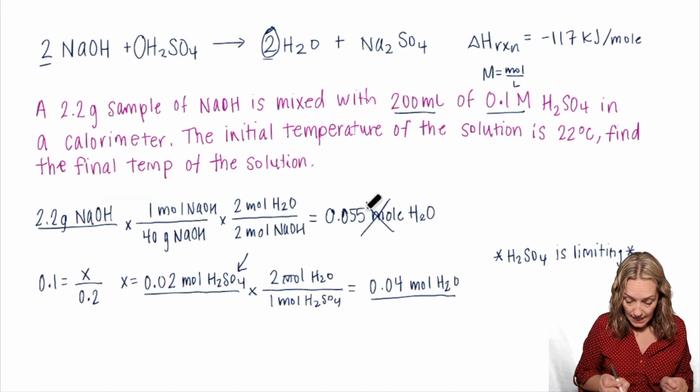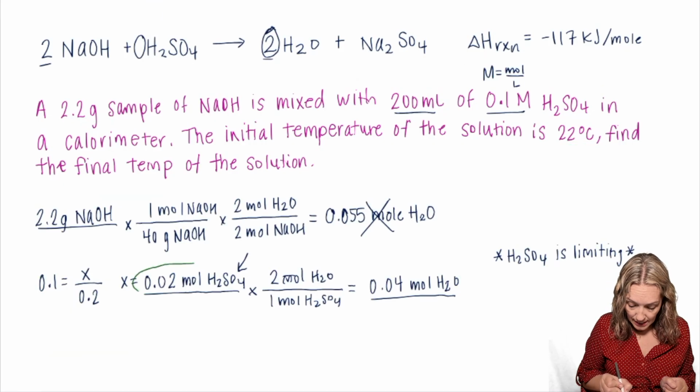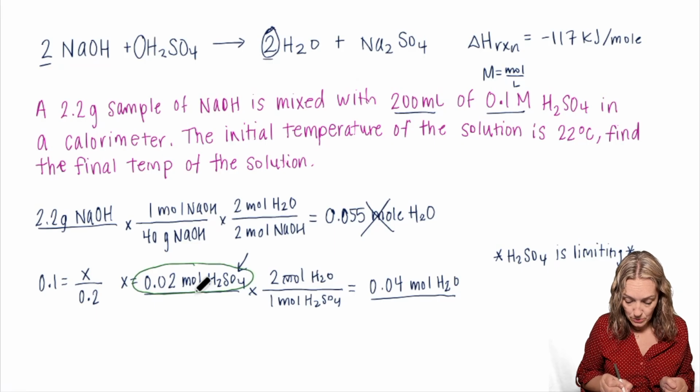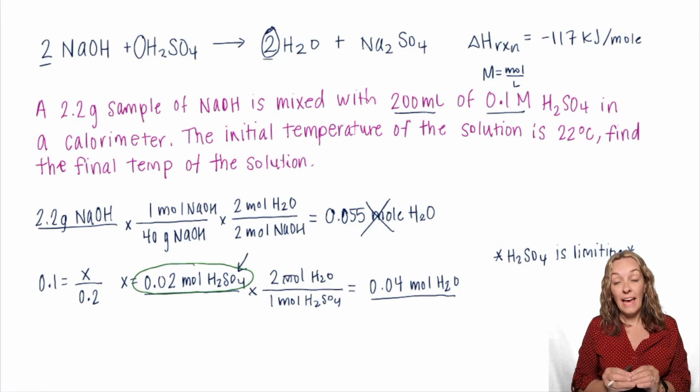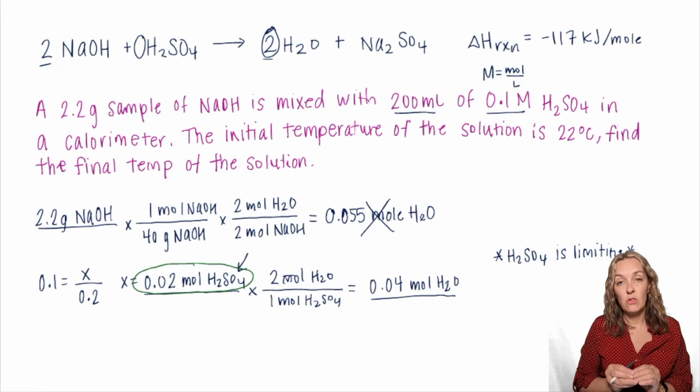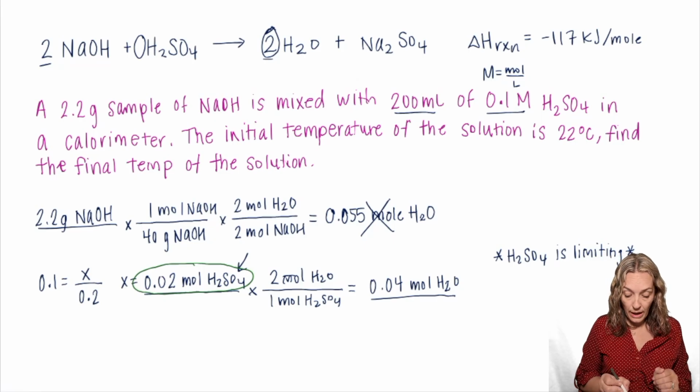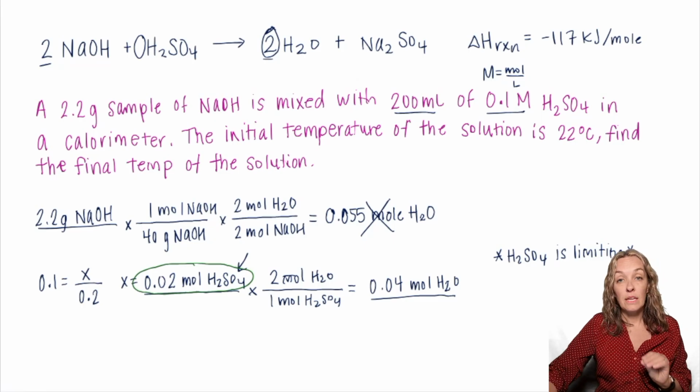Looking back at this, I can see that I put 0.02 moles of H2SO4, the limiting reactant, into this reaction. I am going to need that to help me figure out how much energy was absorbed when the 0.02 moles of H2SO4 reacted. It's important that you always start with your limiting reactants.